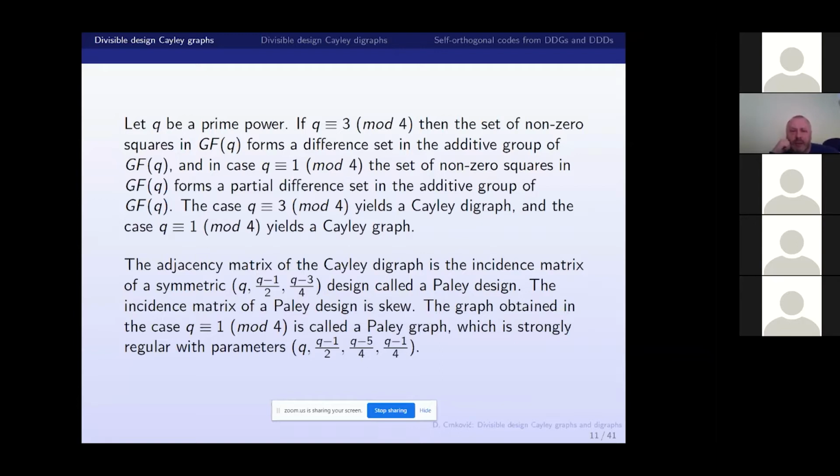And in the case when q is congruent to 1 modulo 4, then the set of non-zero squares in this field forms a partial difference set, also in the additive group of the field. And in both cases we have a Cayley structure. So if q is congruent to 3 modulo 4, then we have a Cayley digraph. And in the case when q is congruent to 1 modulo 4, then we have a Cayley graph.